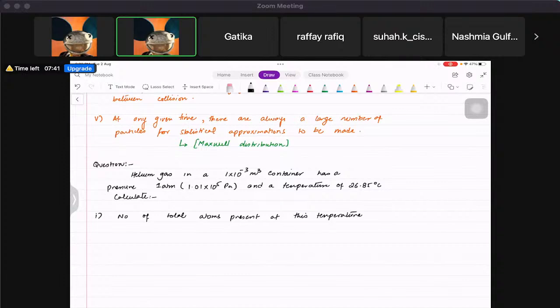And then part 2: the volume that contains 1 mole of helium, 4He. Okay.